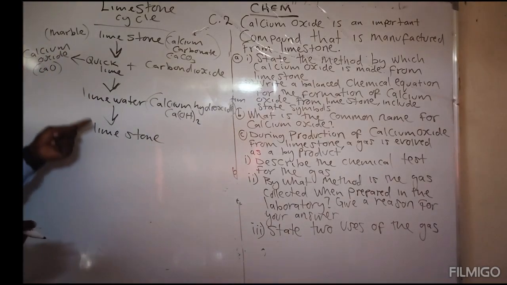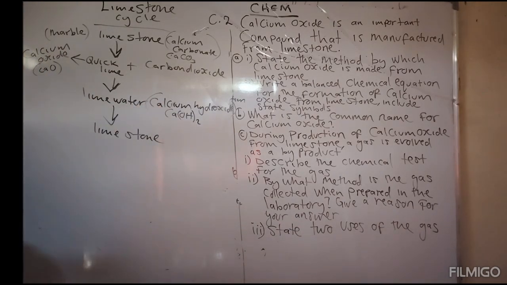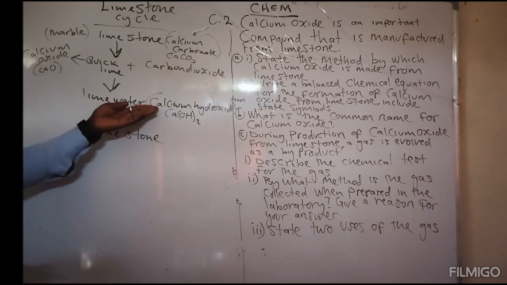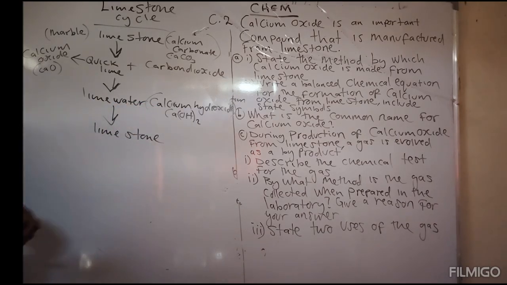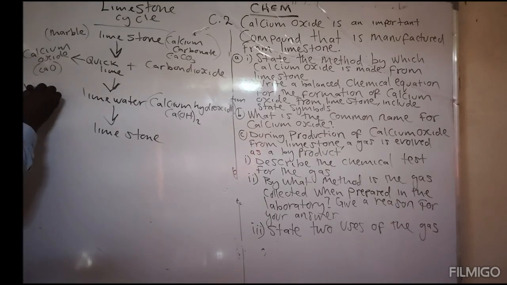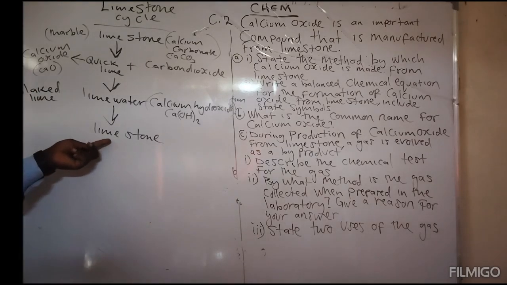Check, we have lime water, which is also referred to as calcium hydroxide. Calcium hydroxide is the chemical name. Special name, lime water. The same lime water at times is also known as slaked lime. Then we have limestone, which is back there. So this is a short limestone cycle.